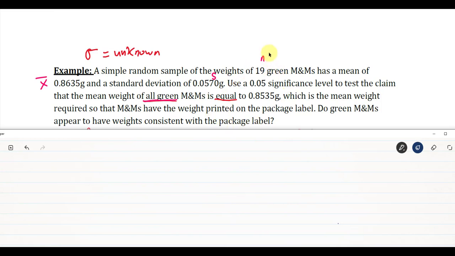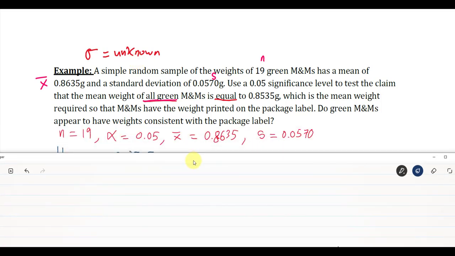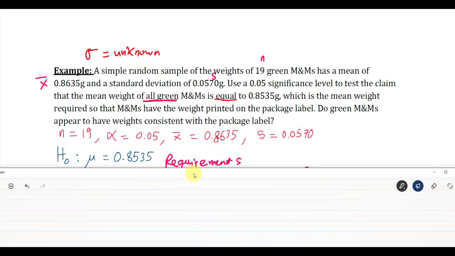So in this case, we are given the sample size of n equals 19, and this sample has the mean x bar with this value, and also the sample standard deviation, the small s. Now, we don't have anything about the population standard deviation, and therefore sigma is unknown. And if that is the case, we have to use the student t distribution.